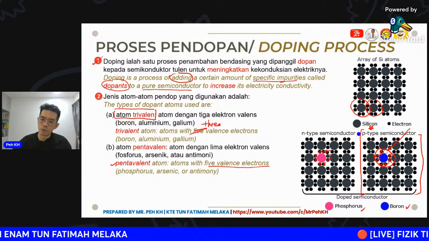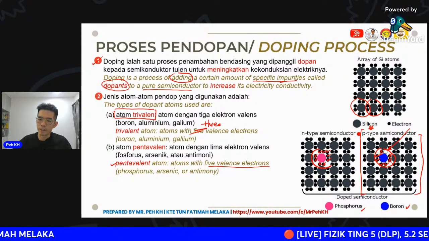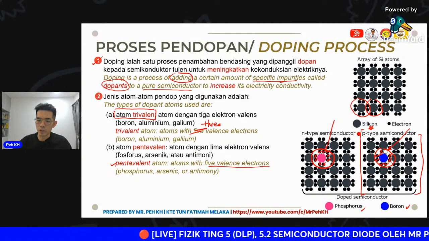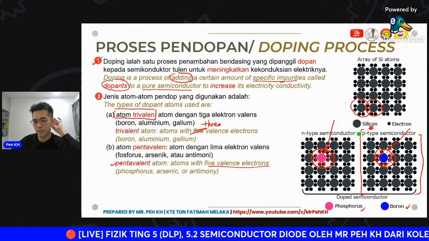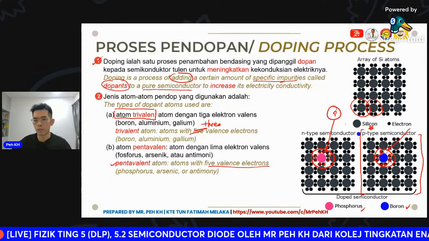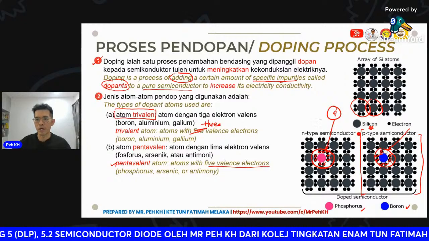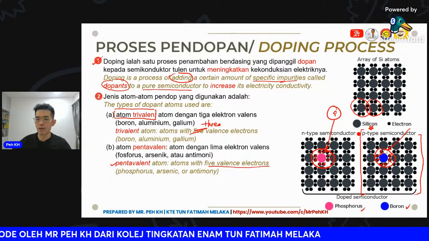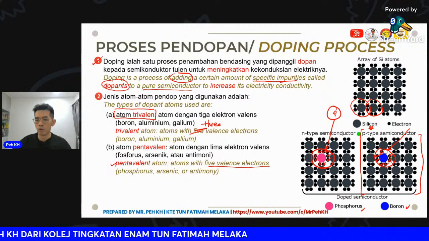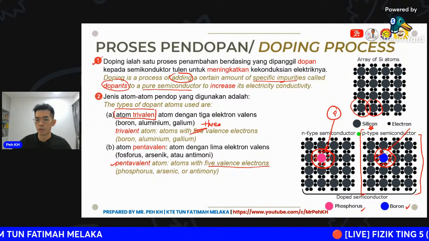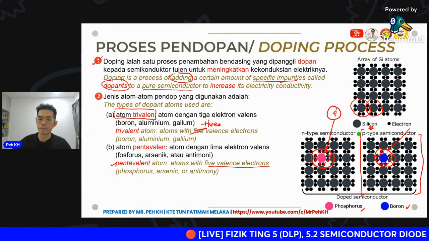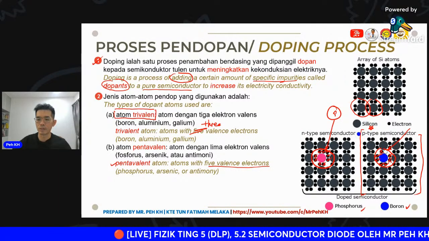So if you look at this part, you may see that the total electrons surrounding the phosphorus will be 9. So there will be 1 extra electron, and the majority carrier for this type of semiconductor will be the electron, or negative charge. So here we know it as an N-type semiconductor. The N here represents negative.